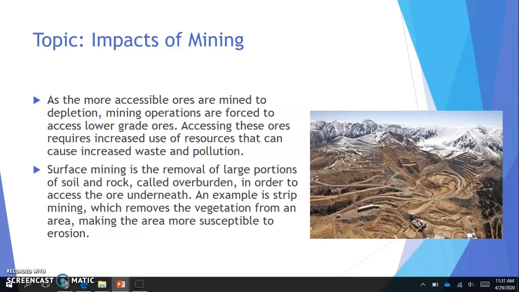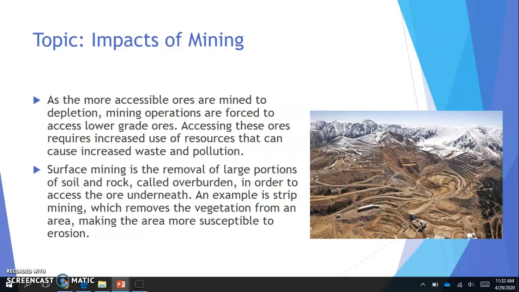All right, so as the more accessible ores are mined to depletion, so that means once they're gone, mining operations are forced to access lower grade ores. Now, if an ore is lower grade, that means that it's got less metals and minerals in it. So you guys figured out the grade of your ore by weighing the amount of chocolate chips, or the good ore, versus how much of the actual cookie you had.